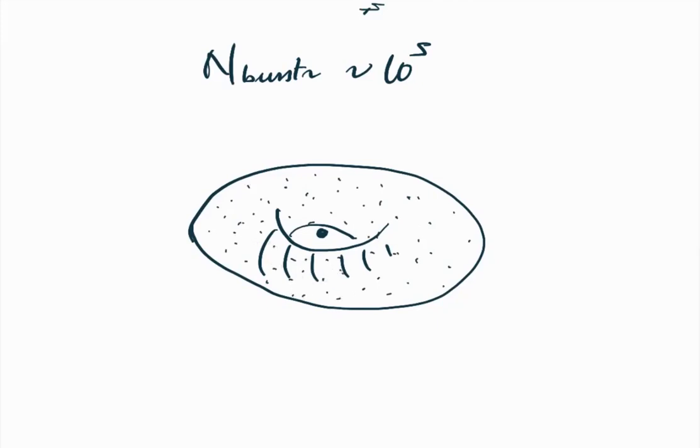Why is this interesting? This is interesting because these 10 to the 5 bursts are something like a snapshot, if you want, a photograph, a picture of a space-time in the very strong regime.